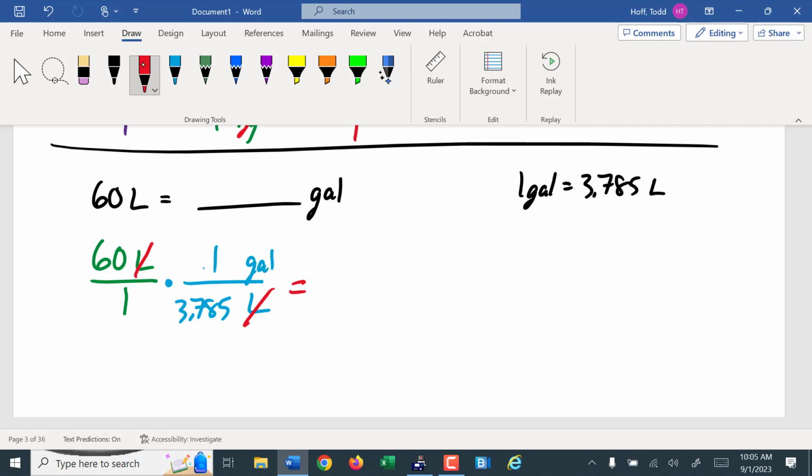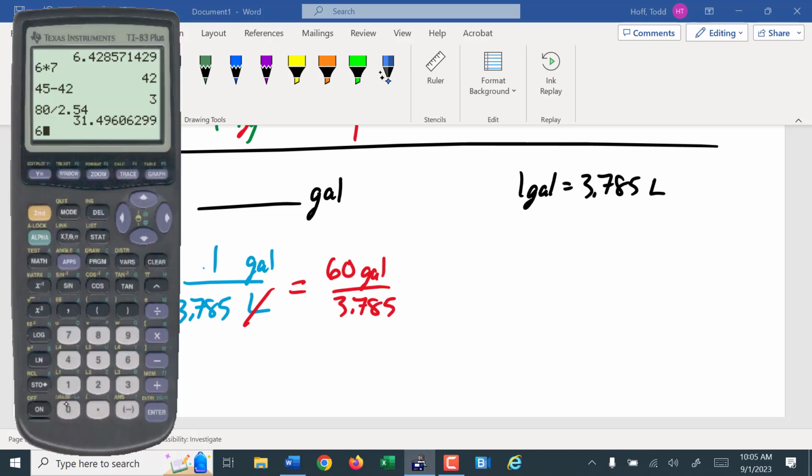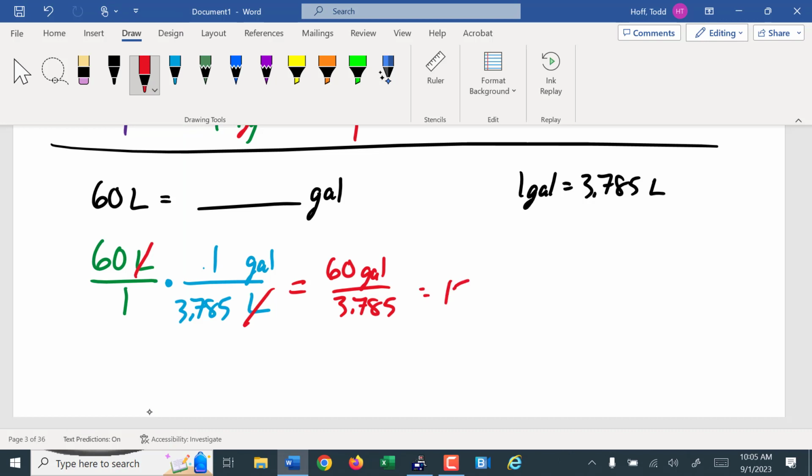Liters cancel out. 60 times 1 gallon is 60 gallons. And 1 times 3.785 is 3.785. And we have to divide that out. 60 divided by 3.785 is about 15.85 gallons. So you're going to have to buy 16 gallons worth of fluid.